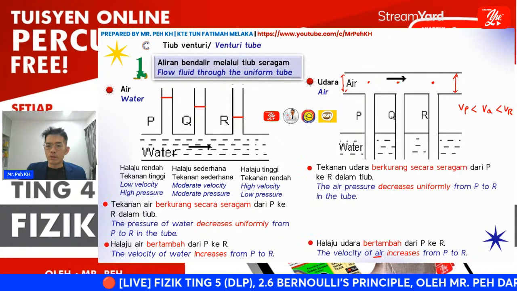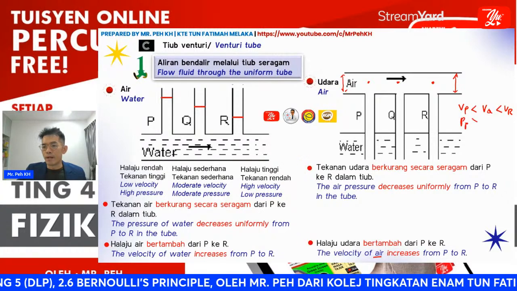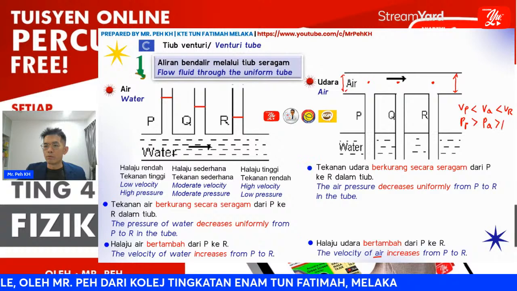The pressure of air will decrease from P to Q, so that means P will have the highest air pressure compared to Q and compared to R.